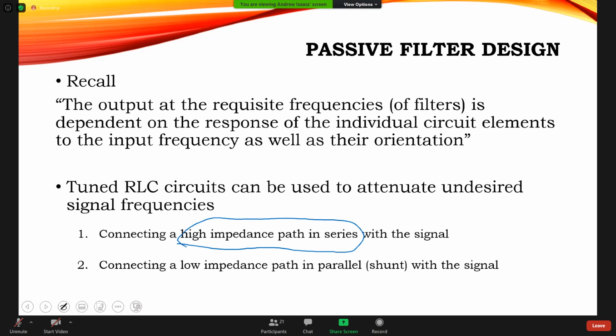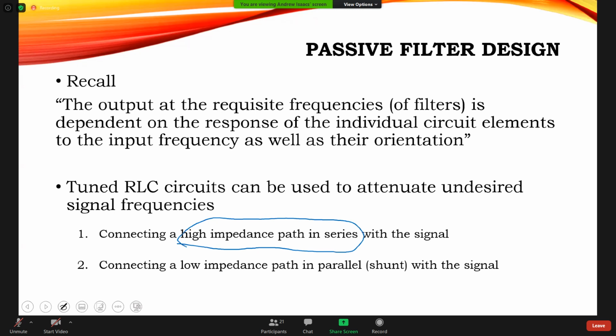But I didn't present it in this fashion. I'm using this particular way of explaining it to introduce the use of tuned circuits. But if you look back at the single elements, that's exactly what we're doing. For your high pass filter, when we're using the capacitor, which signals did I want to attenuate?